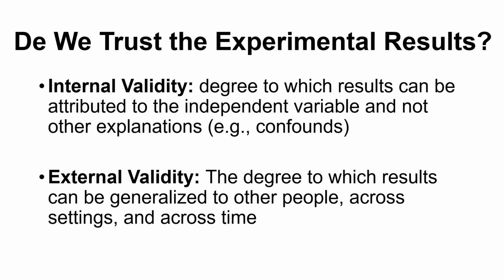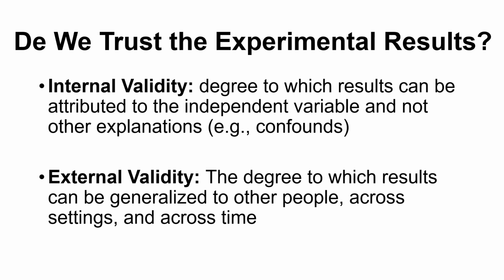However, if an experiment has low internal validity, then there might have been other things, say confounding variables, that might be responsible for the changes in our dependent variable. So low internal validity means that we're not actually sure that we saw a causal relationship between our independent and dependent variable. We can have low internal validity if we have lots of confounding or extraneous variables.